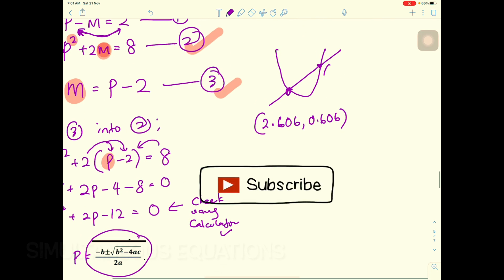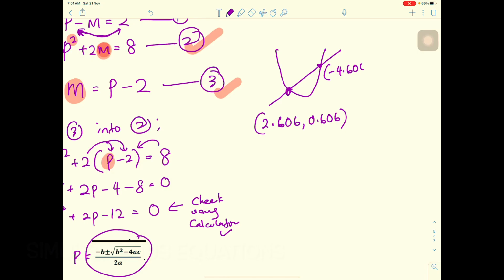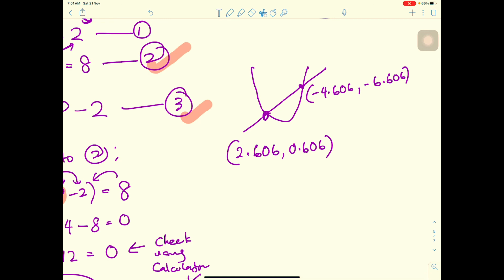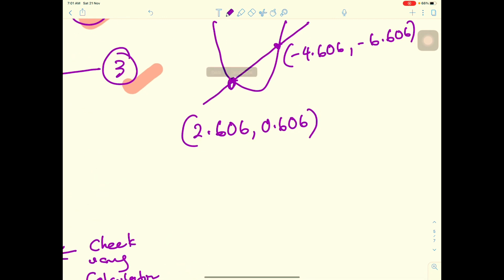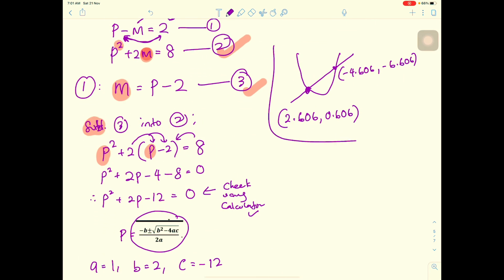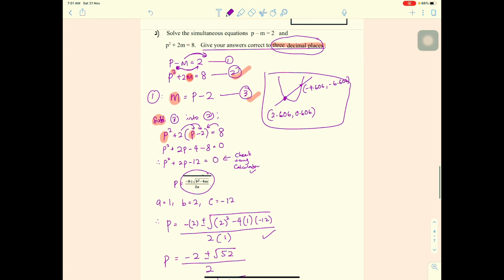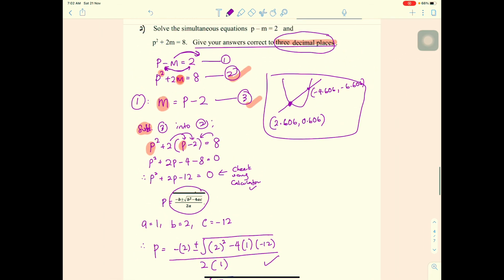And the second one is negative 4.606, and the other is negative 6.606. So this is an example in the diagram. I hope you can understand. Until now, thank you.